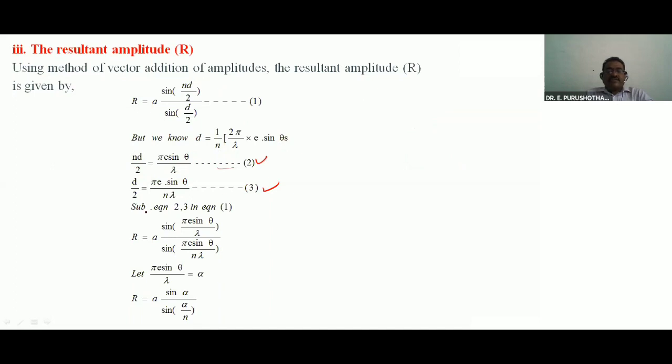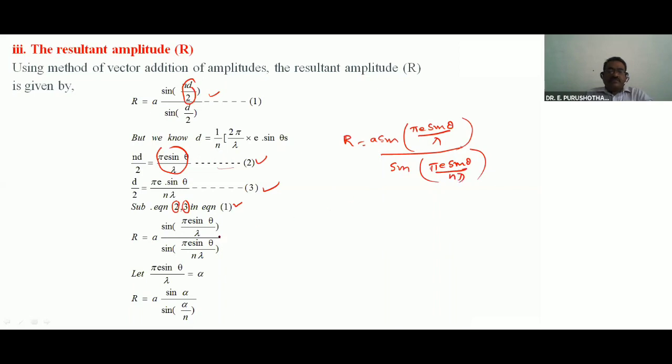Now substituting equation 2 and equation 3 in equation 1, R is equal to A sine bracket by sine bracket. In the place of nd by 2 we can write pi e sine theta by lambda, and d by 2 is pi e sine theta by n lambda.